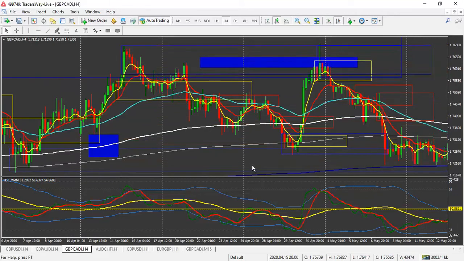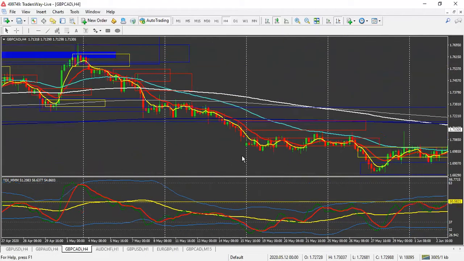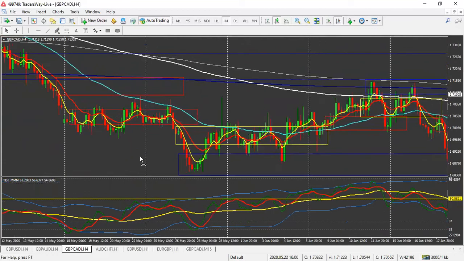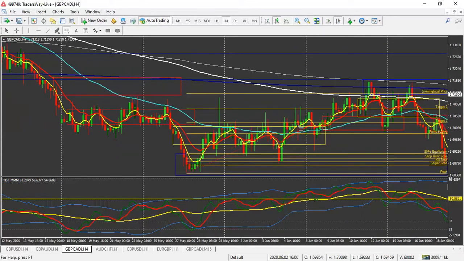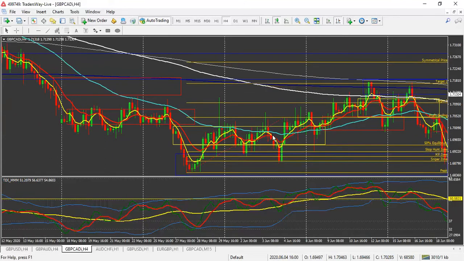Way up here, right? So now we got our source down here. Price broke out of the order block right here.